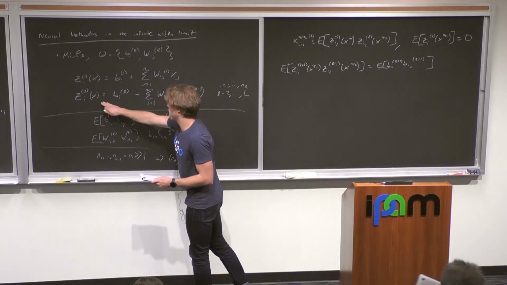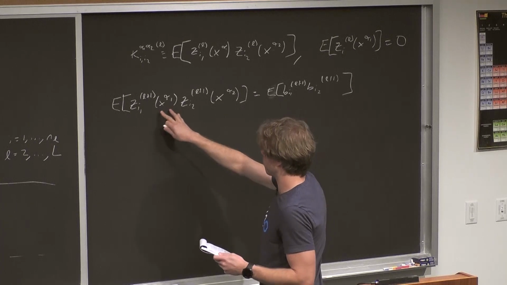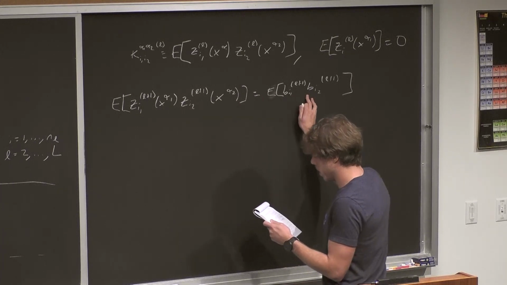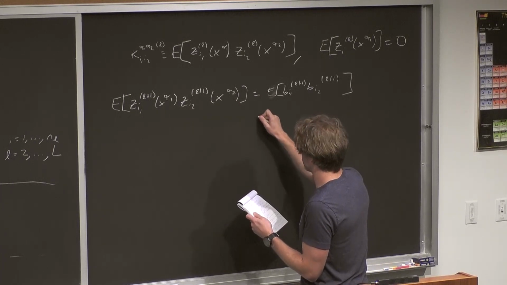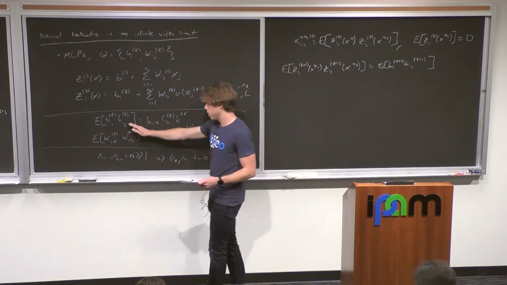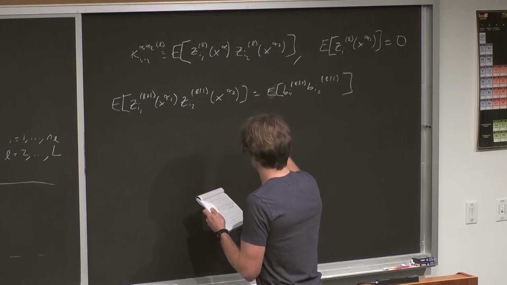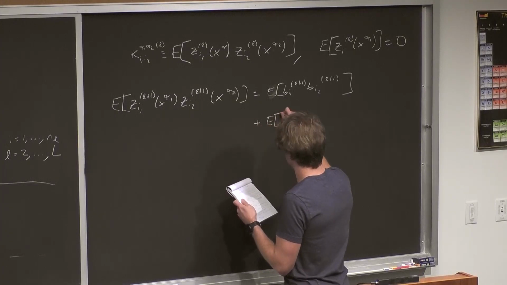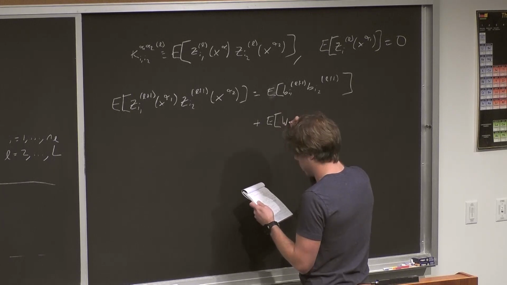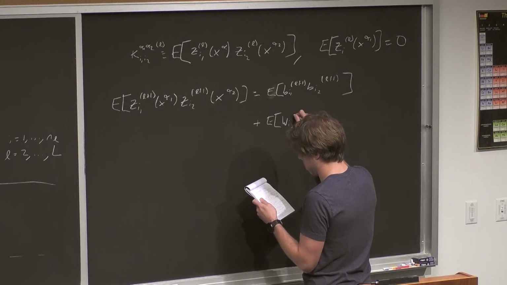We propagate to the next layer using this equation, and we get a square. So there's a term that relates to the bias squared, plus there's cross terms, which I'm not going to write because the weights are independent and the one-point functions vanish. And then there's the term for the W sigma squared.